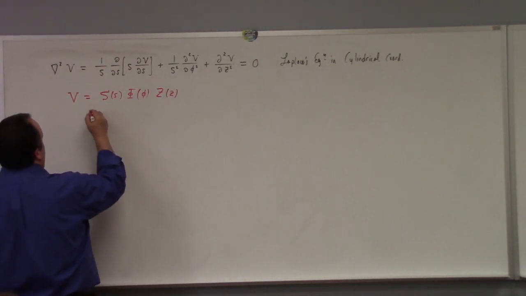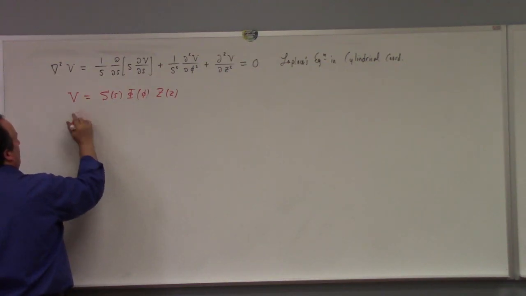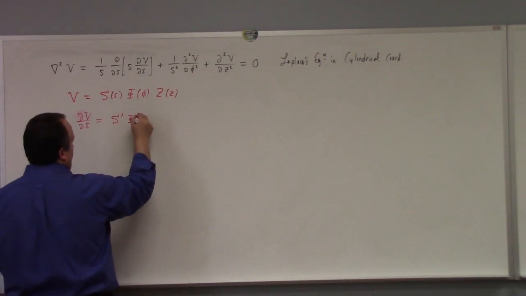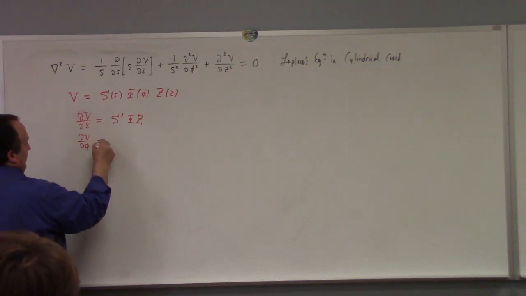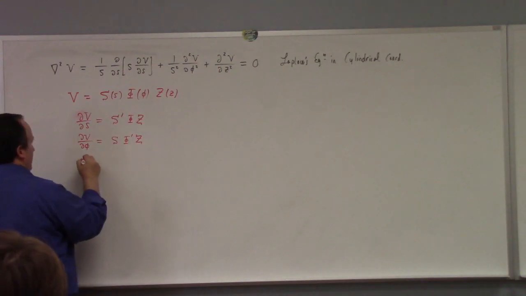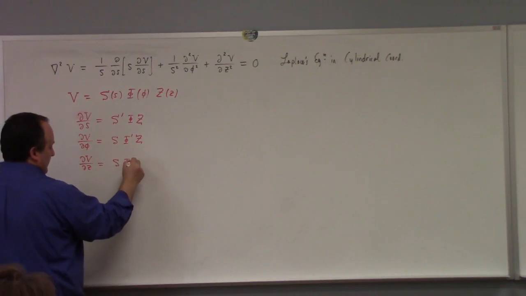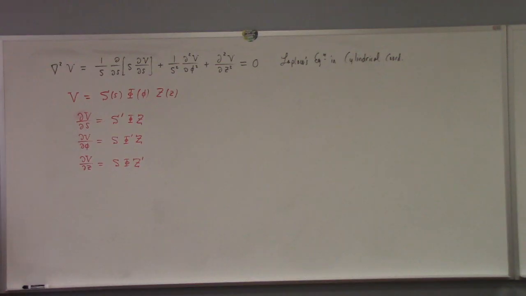And in this wild notation, if we do partial V, partial s, we've got S prime, Phi, Z. If we do partial V, partial phi, we've got S, Phi prime, Z. And if we do partial V, partial z, we've got S, Phi, Z prime, right? Where, of course, those primes indicate derivatives just with respect to variables of those products.